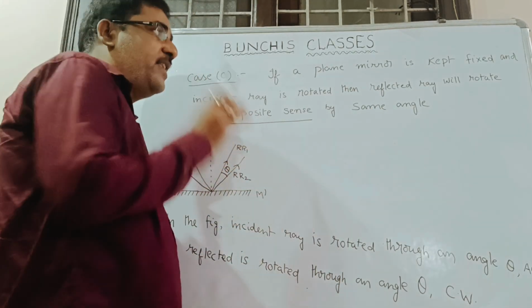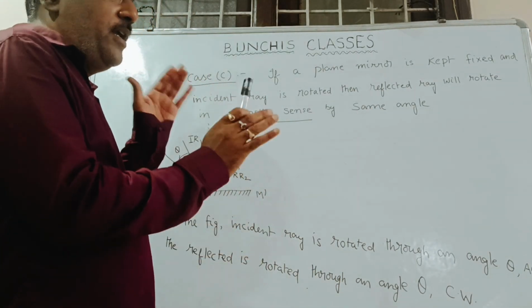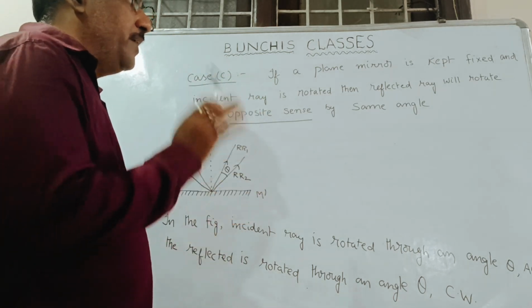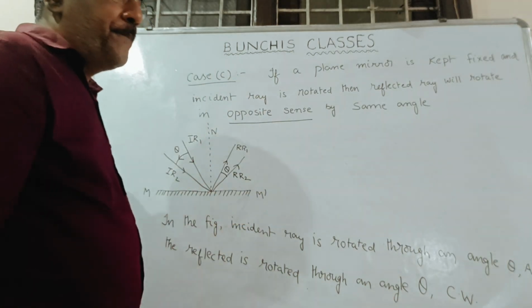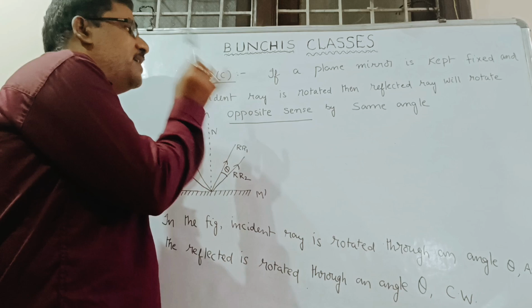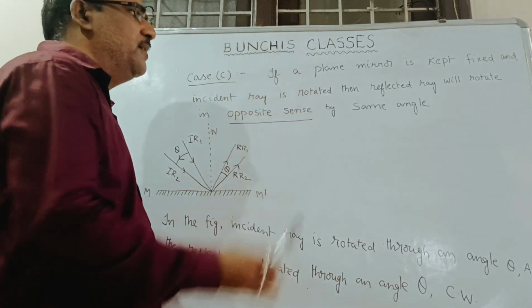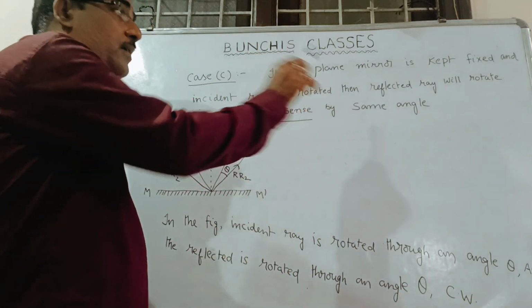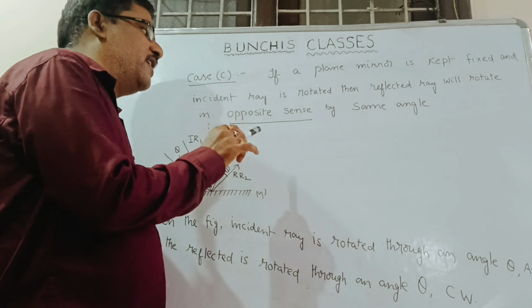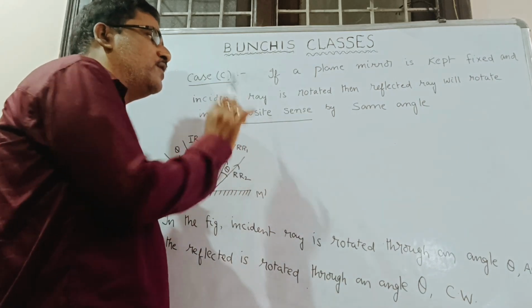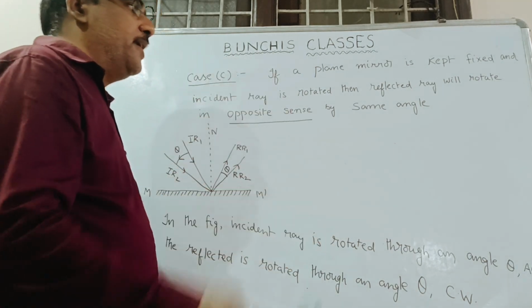So in this case, we are not rotating the mirror. The mirror is kept fixed, and the incident ray is rotated through a certain angle. But the reflected ray will rotate in the opposite sense by the same angle.